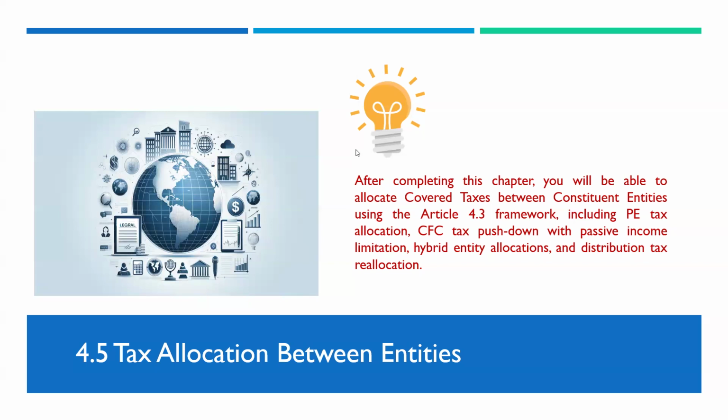What is the key rationale for distributing taxes, or rather, allocation of taxes? So let's say entity A has actually paid the taxes to its jurisdiction, but we allocate it to entity B, which is in a different jurisdiction but within the MNE group. What would be the rationale of doing such a thing?